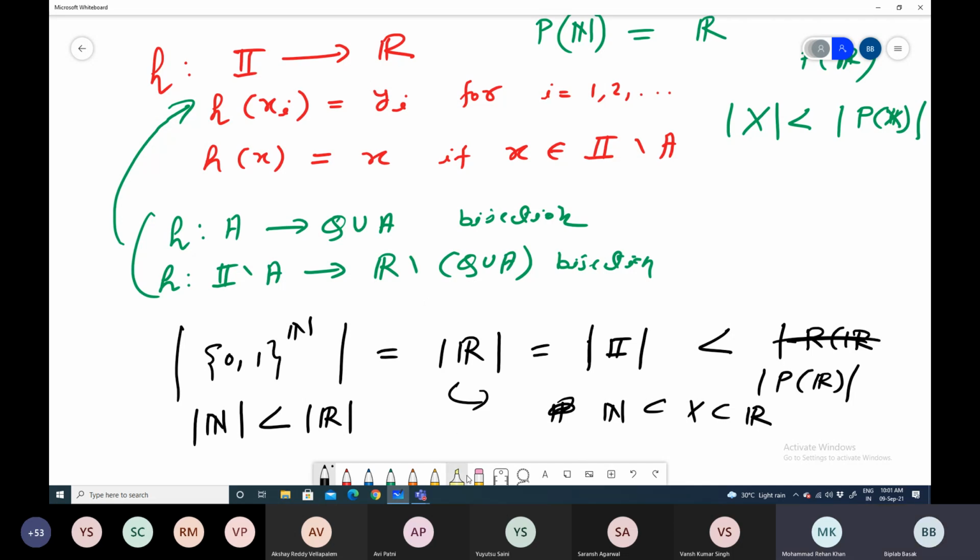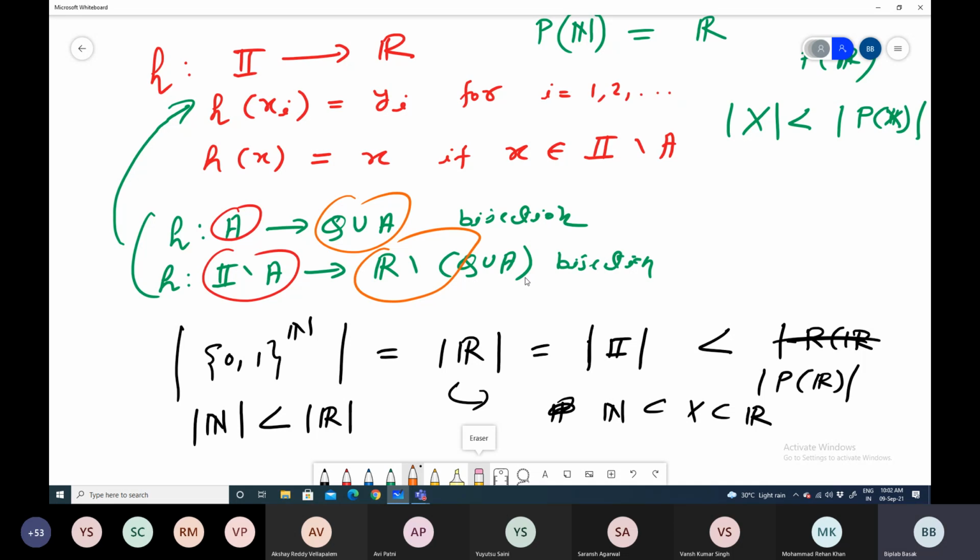Suppose you have a bijection from A to B and a bijection from C to D. If A and C are disjoint and B and D are disjoint, then you have a bijection from A union C to B union D. So this and this are disjoint, and similarly this and this are disjoint.